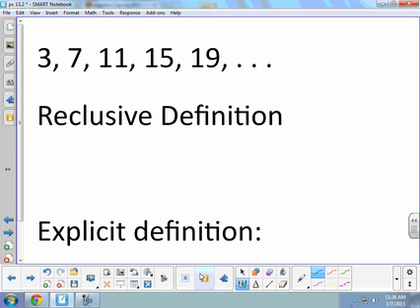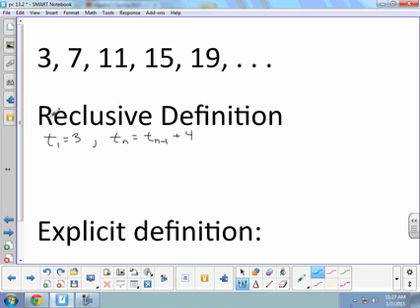So let's go ahead and look at this example again. We figured out the terms 6, 7, and 8 by just adding 4. But let's get a recursive definition of that. That would be t sub 1 is 3. And what you're doing is you're taking your previous term and adding 4.